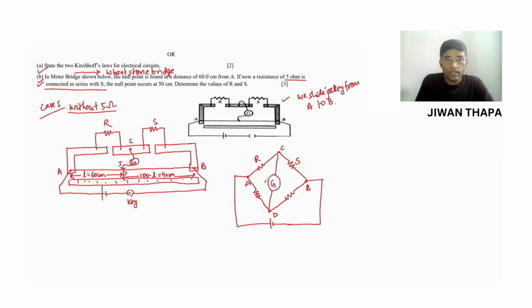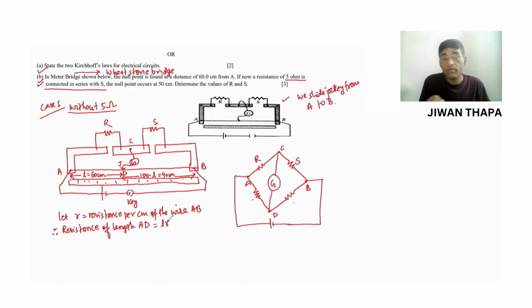Now we need to find the resistance of the length AD of the wire, and the resistance of the length DB of the wire. So we need to find these two resistances, okay. So as we did earlier, let small r be the resistance per centimeter of the wire AB. Therefore we can write the resistance of length AD equals L times r, okay.